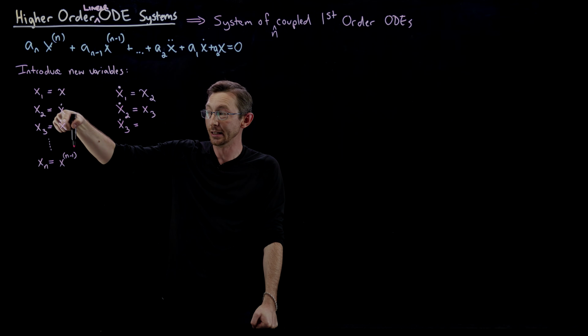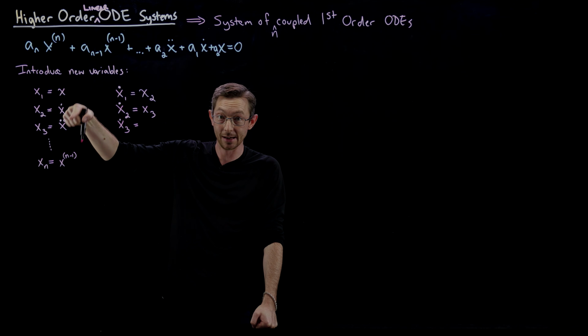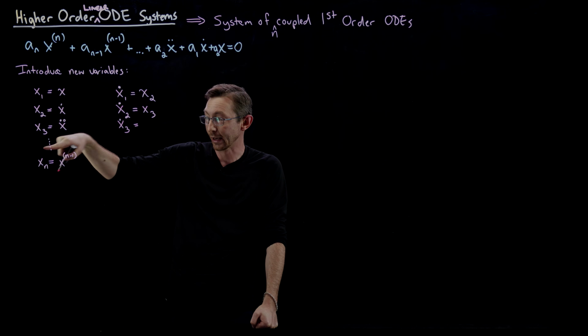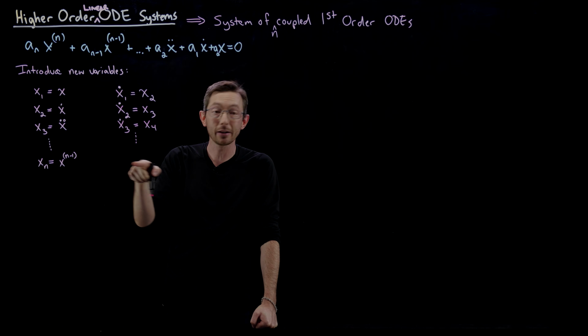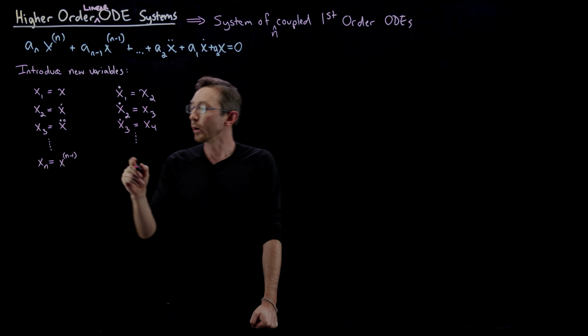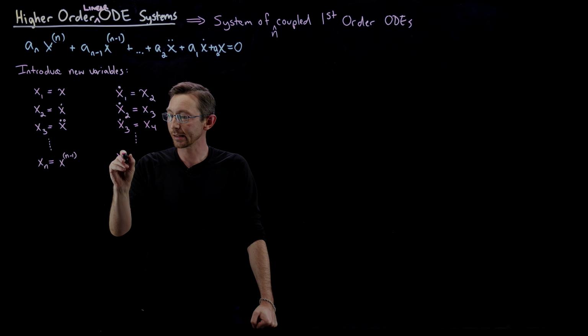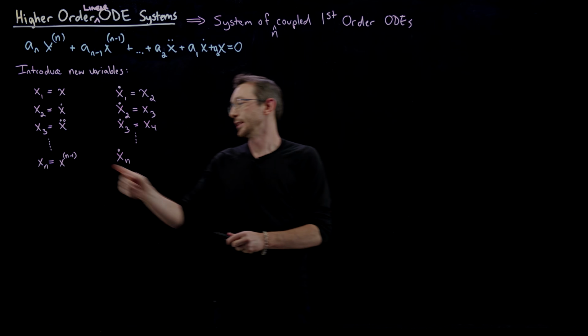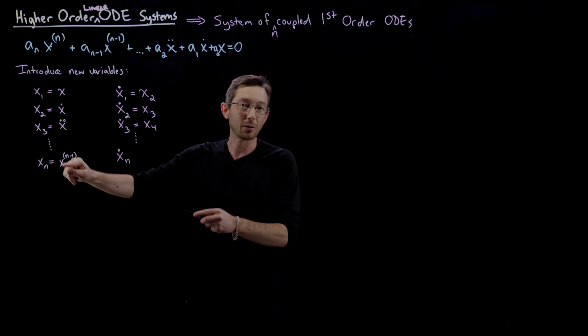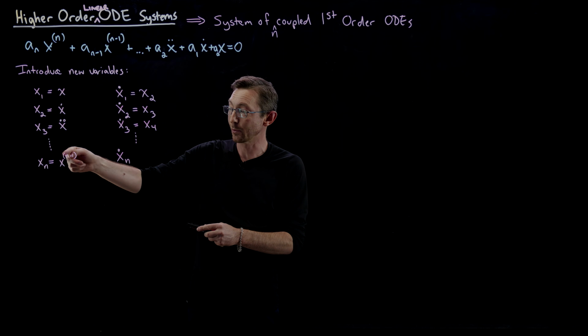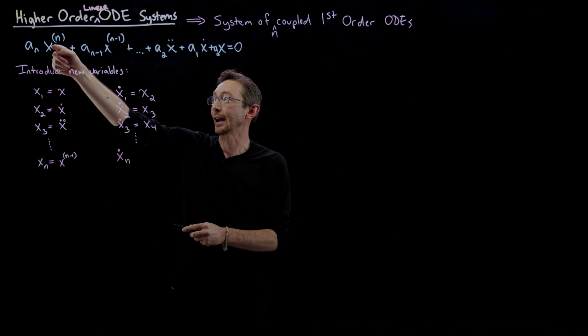So the ddt of this x double dot is now x triple dot, which is going to be my x4 state. So x4, and so on and so forth until this very last row equation, where now I'm going to have xn dot. The time derivative of this state is the time derivative of this. And if we add one more derivative to the n minus 1th derivative, we get the nth derivative of x.